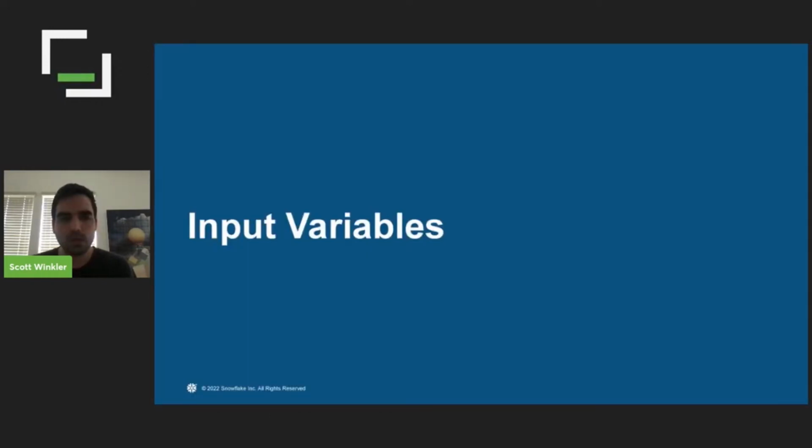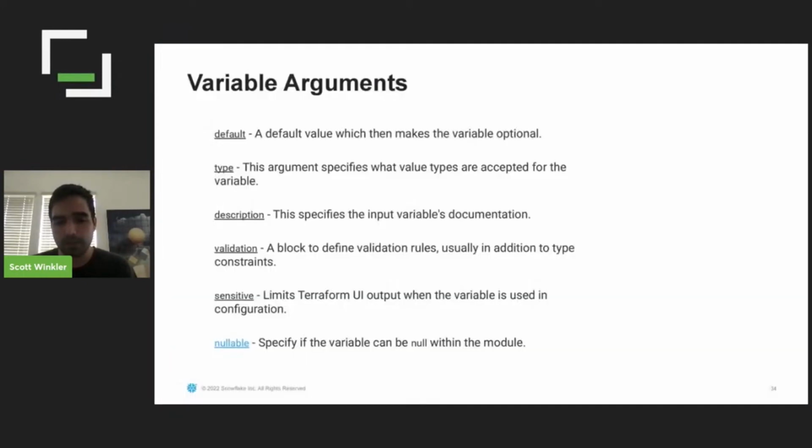Okay, so input variables. I think input variables are not always utilized to their fullest potential. There's actually quite a few meta arguments on variables. You have default, which makes the variable optional or not optional, and a lot of people know about this one.